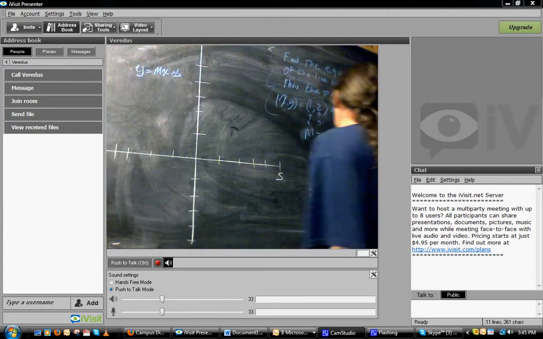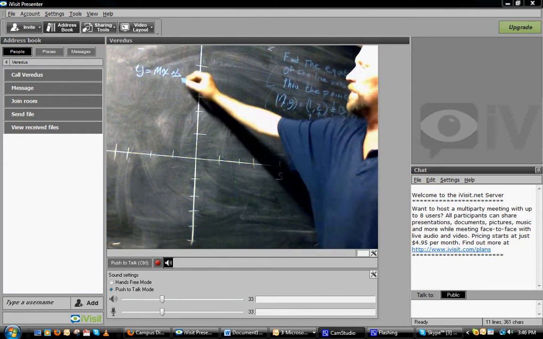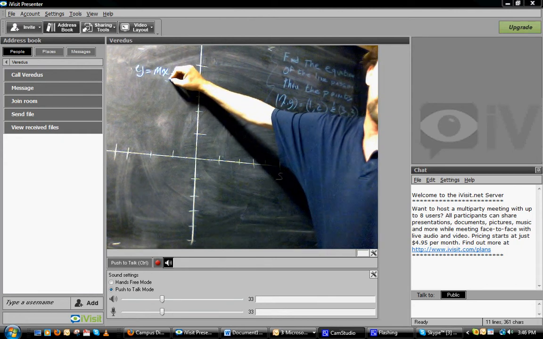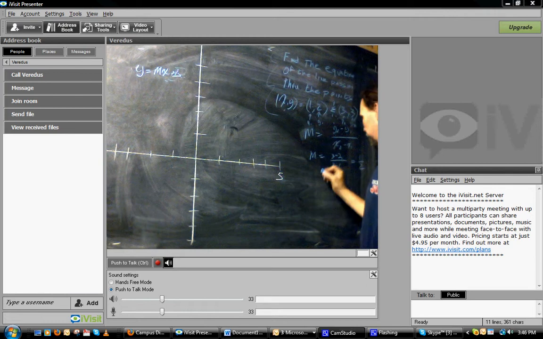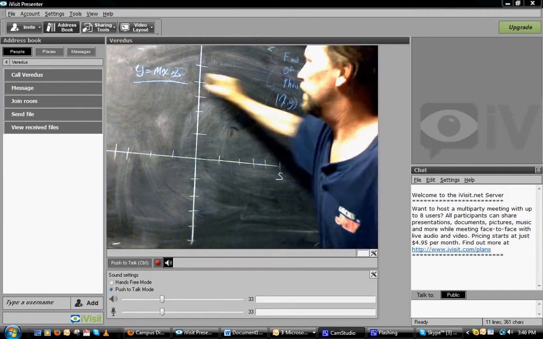So now we have our slope and a point, and all we have to do is solve for this constant b. So what we need to do now is pick one of these 2 points. It doesn't matter which one. It could be the first one, 1, 2, or the second one, 3, 3. But we need to plug them into this equation.